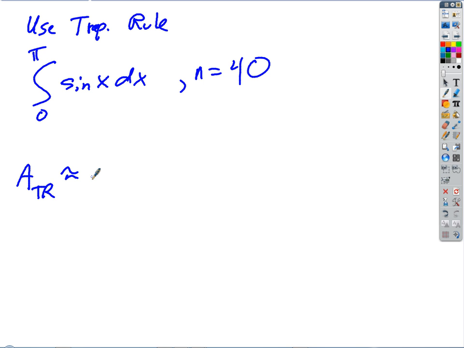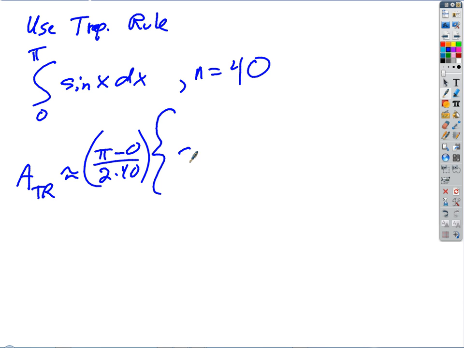Do you remember the formula? H divided by 2 times Q. Say it again. H divided by 2. Oh yeah, okay. But how about the trapezoidal rule formula? Oh, that's wrong. We had b minus a over 2n. So that's going to give us pi minus 0 over 2 times 40, times f, which is sine.